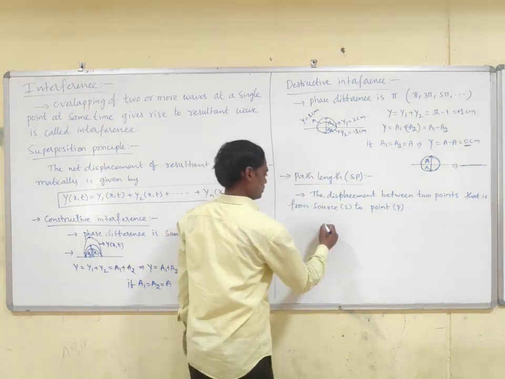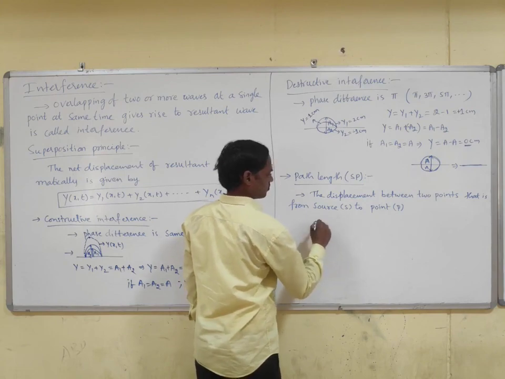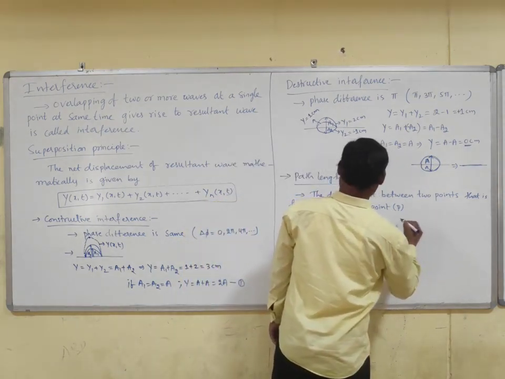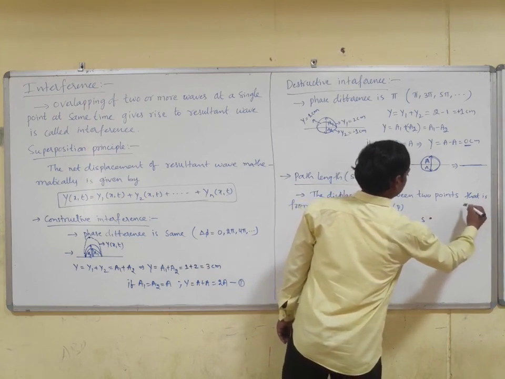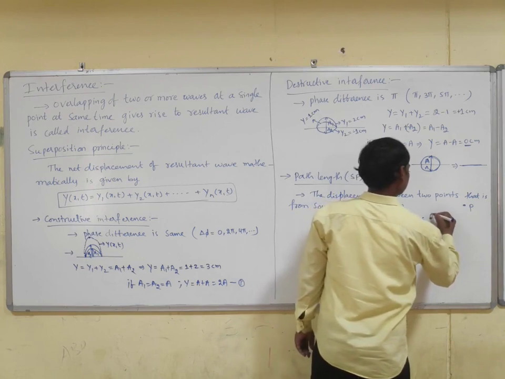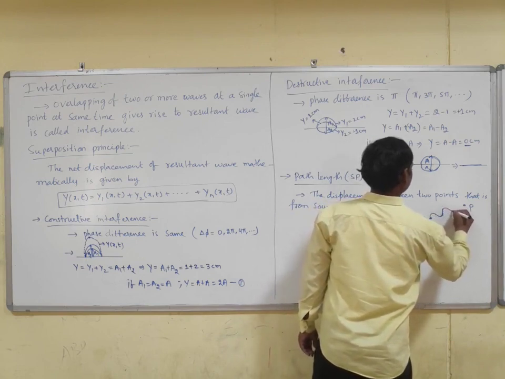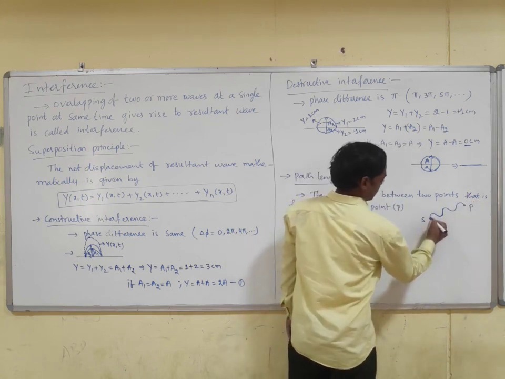For example, if you take S as the source here, and this is the point P, then how many waves are present here?